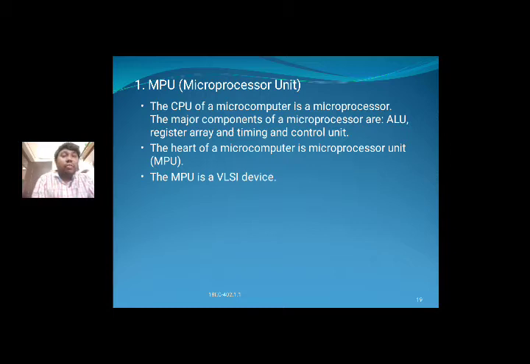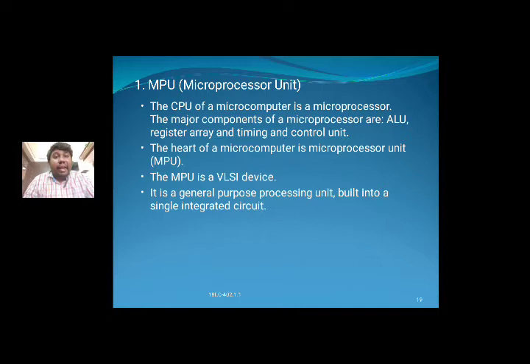It is a general purpose processing unit built in a single integrated circuit. That means this particular MPU is a single unit, and all the components are fabricated or integrated on a single chip.